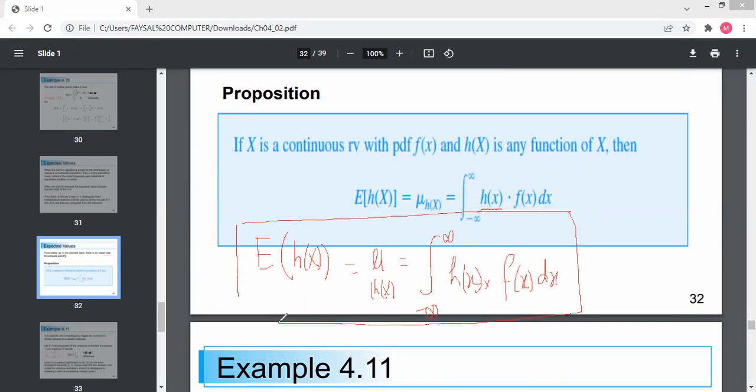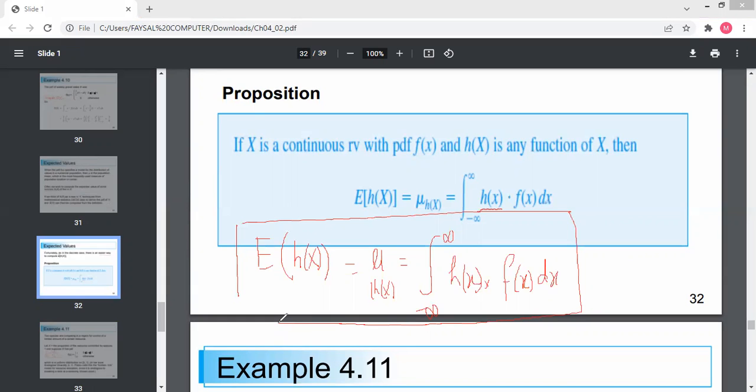So if x is continuous with PDF f of x and a function h of x, there are now two things: first, the function f of x, and secondly, h of x.